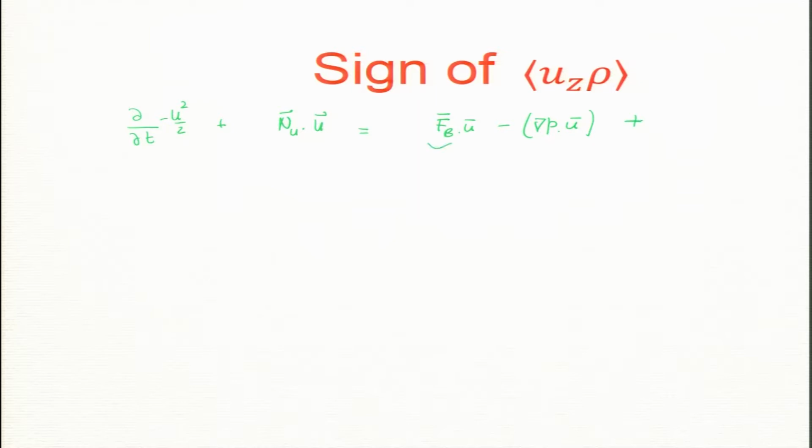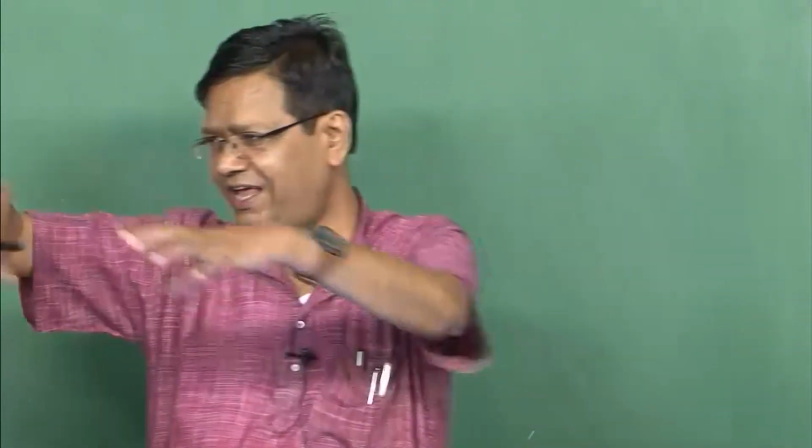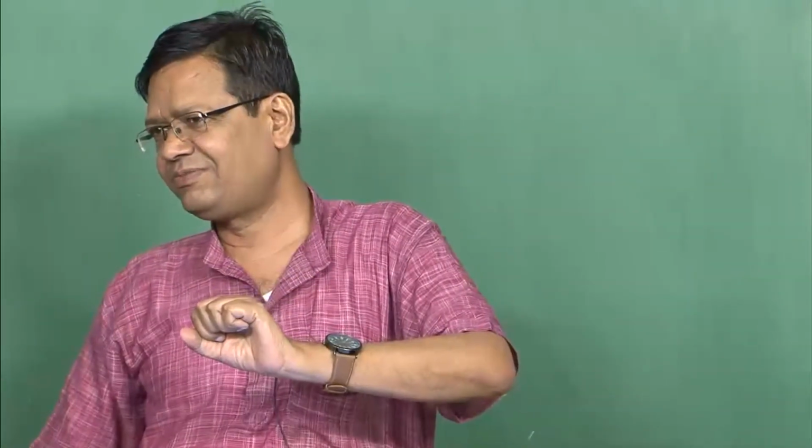So, if I do the integral of the whole thing, this nonlinear term integral gives you 0, we have done it before. For periodic boundary condition or vanishing boundary condition, the nonlinear term does not give any net transfer, it is only an exchange of energy among themselves.